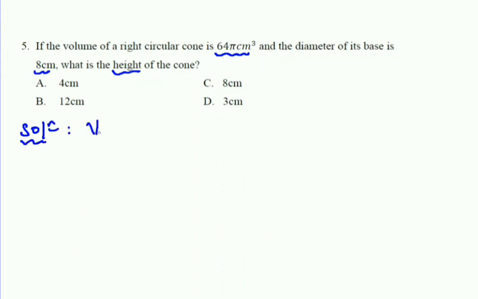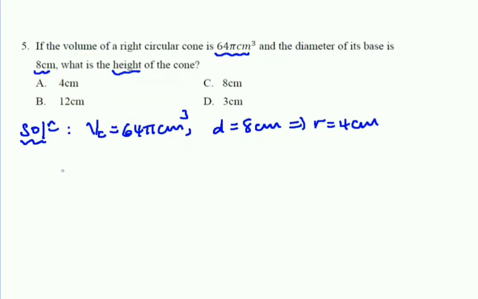The volume is 64 pi centimeter cube and the diameter is given. The diameter is 8 centimeter. If the diameter is 8, definitely the radius is 4 centimeter because radius is half of the diameter.